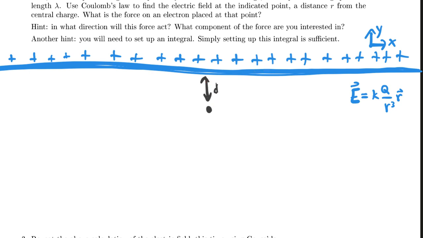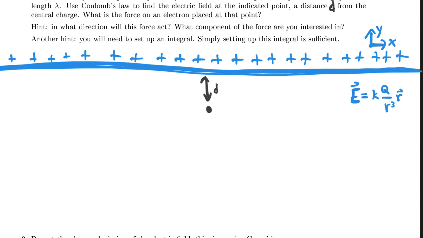So a distance d, let me make this r, I like it as d, a distance d from the central charge, meaning just from this center point here. Before that was our central charge. And then we again want to ask the same question: what about an electron placed at that point?